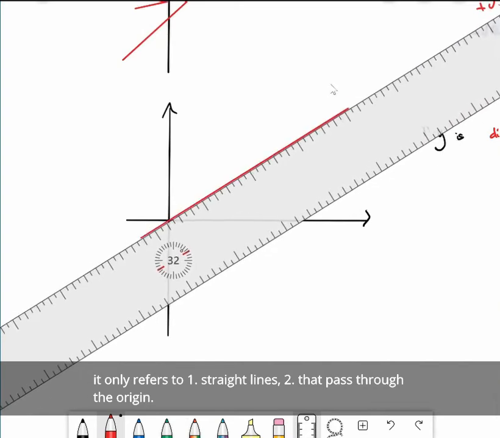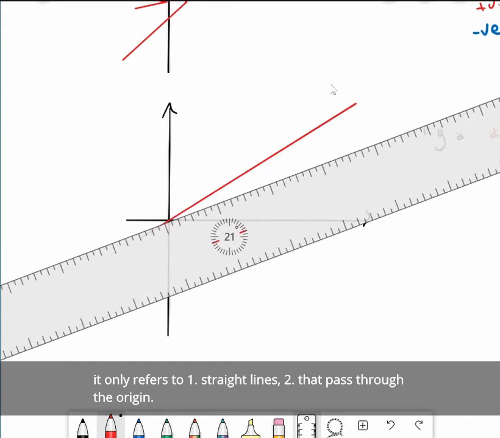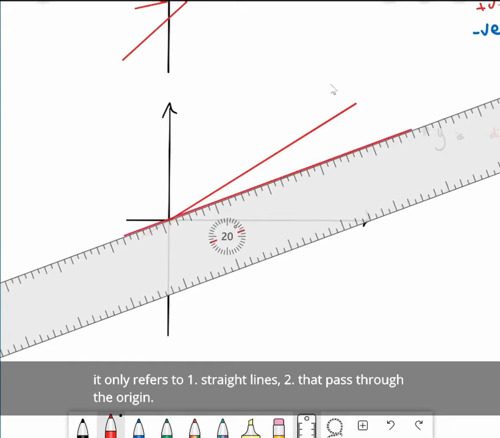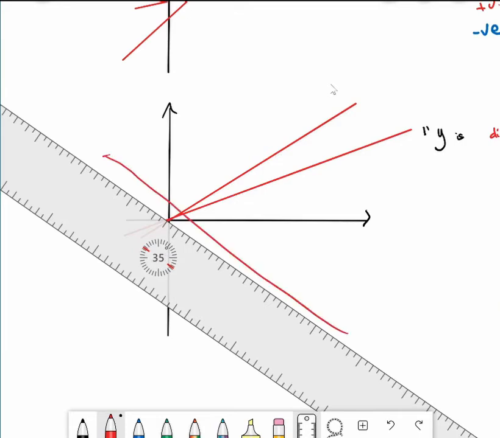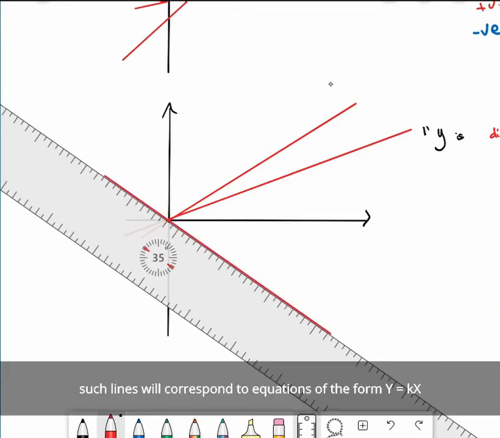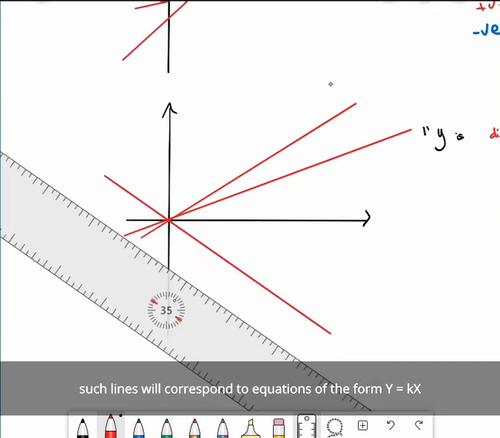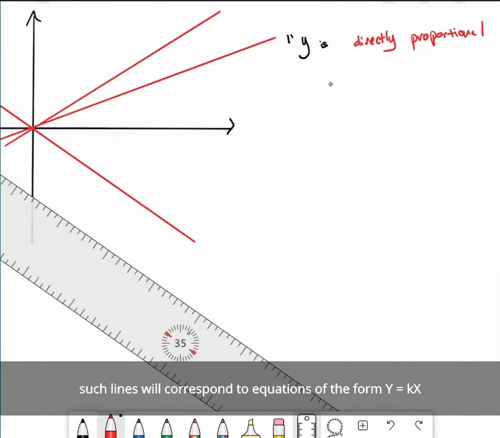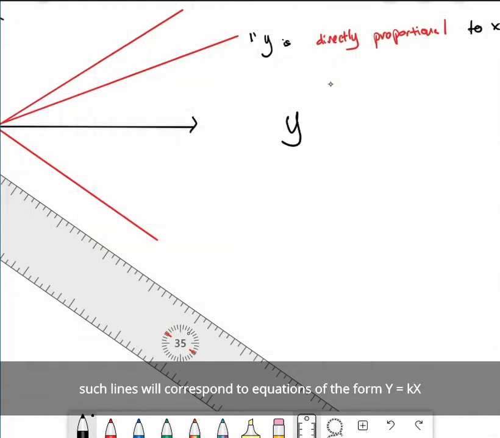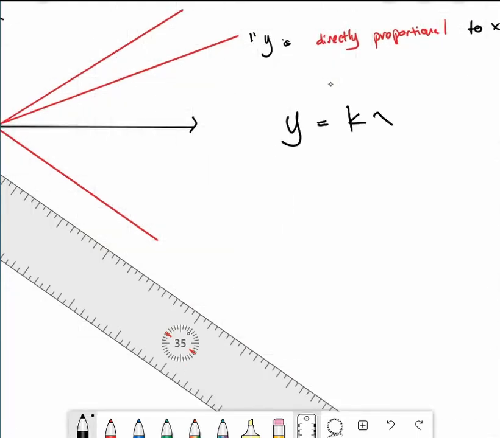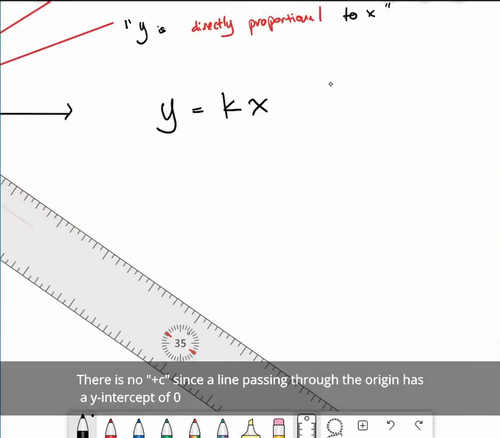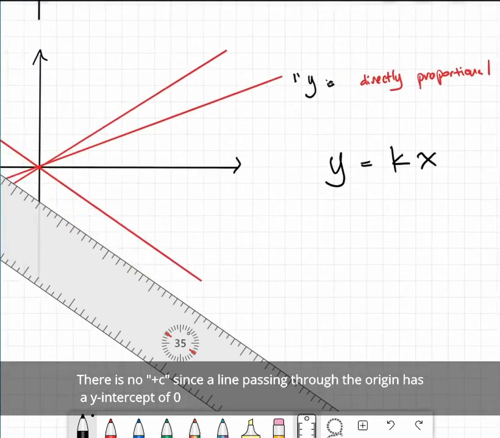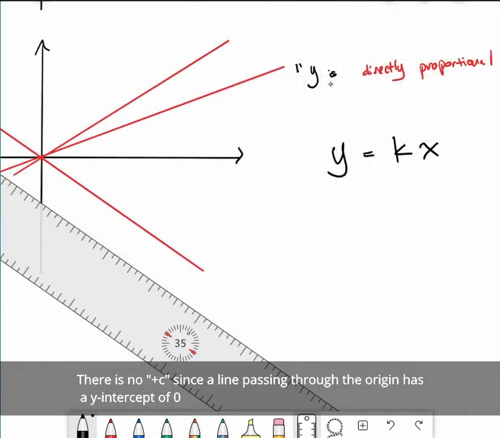So this line, even this line, even this line. Now, you will notice that for these lines, they obey the equation y = kx, and then there is no +c because there is no y-intercept. The y-intercept is 0, you see? Everything passes through the origin.